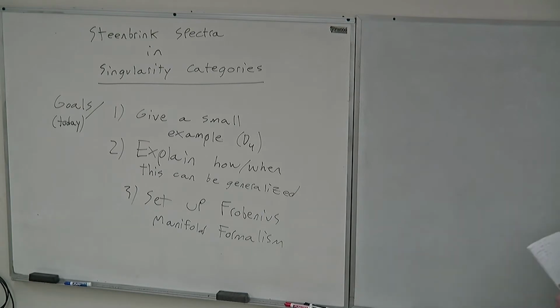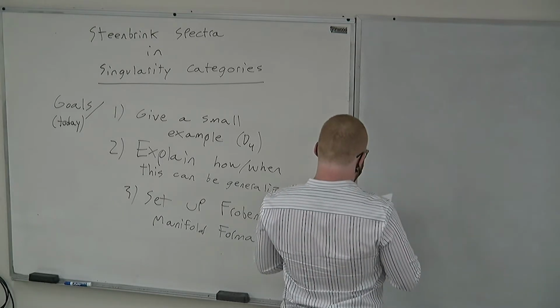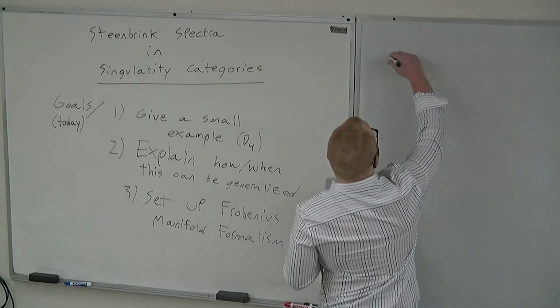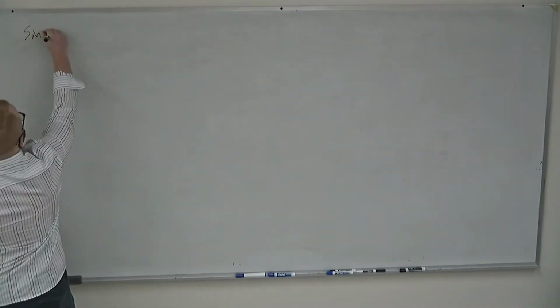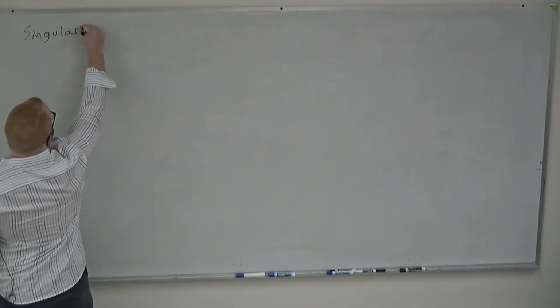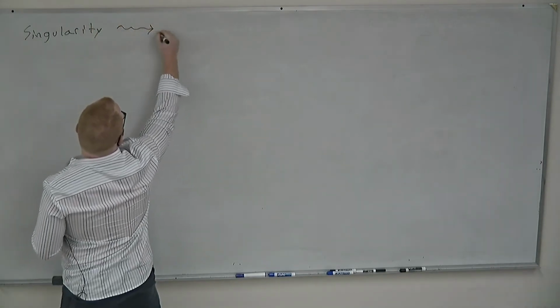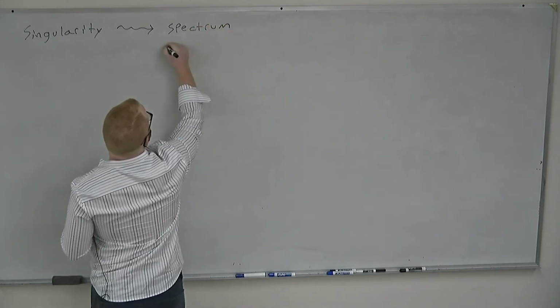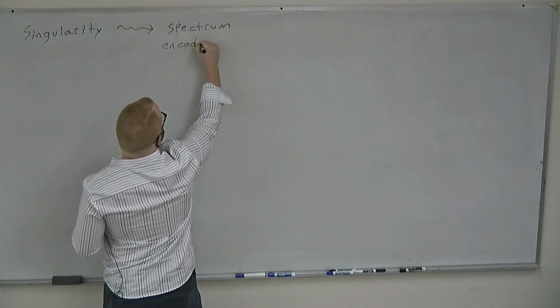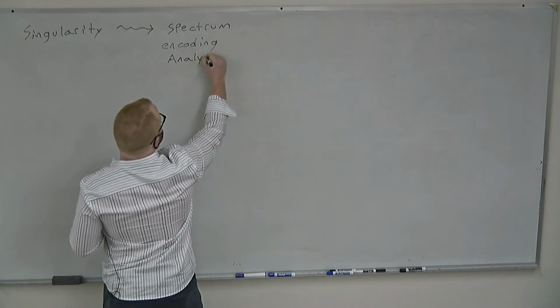I haven't said it yet, but the whole point of this talk is to find where we see this spectra in singularity categories. Now, this spectra was described before in this seminar, but let me just give a quick rundown. So to a singularity, and this will be very informal, we can associate a spectrum of numbers. This spectrum encodes analytic information.